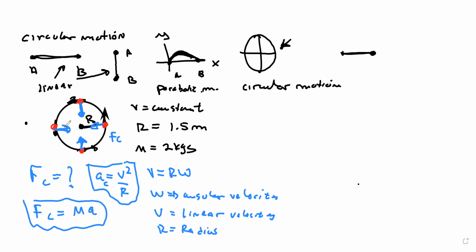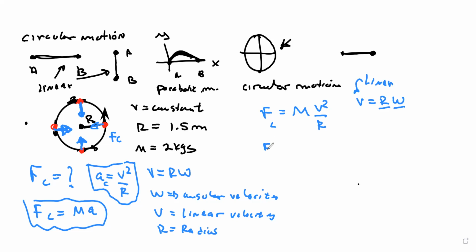It is equal to the mass times the acceleration, but the acceleration is v squared over r. And then you have the other formula which says that the linear velocity is r times omega, where r is the radius and omega is the angular velocity.